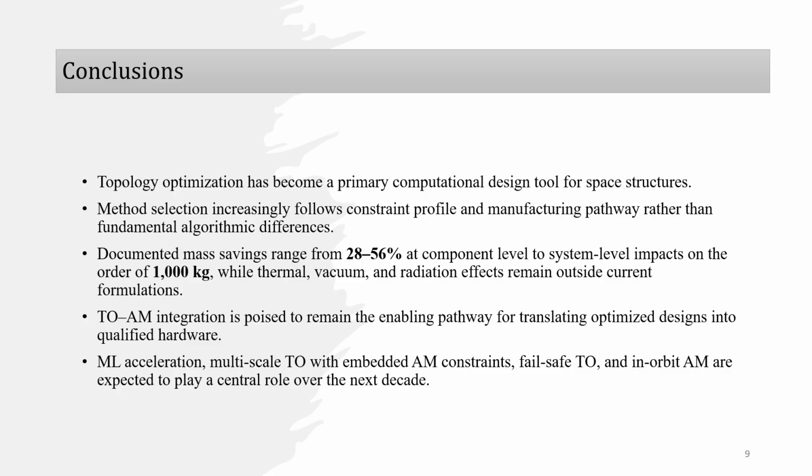Overall, the combination of topology optimization and additive manufacturing appears to be the most promising route for translating optimized geometries into practical space hardware. Looking ahead, machine learning acceleration, multi-scale methods, embedded manufacturability constraints, fail-safe design, and in-orbit additive manufacturing are expected to play a central role.